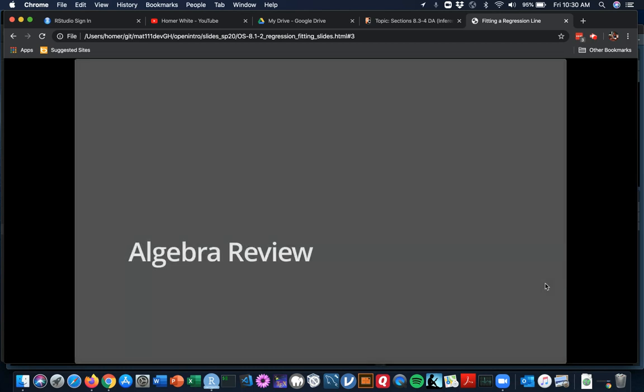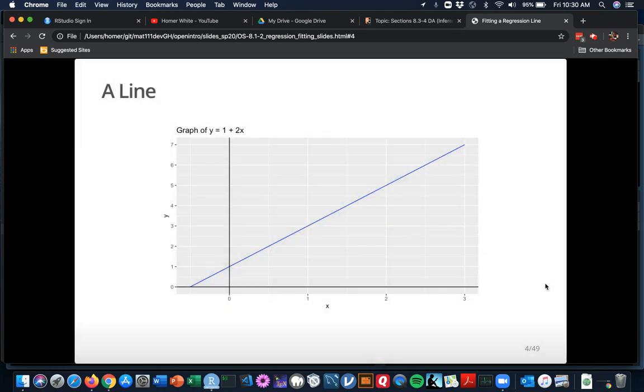First of all, a little review from your algebra classes in high school on lines. You're familiar with y equals mx plus b, slope-intercept form for the equation of a line. Here is a very simple line whose equation is y equals 1 plus 2 times x. Here's the x-axis, here's the y-axis, and the blue is the graph of the line.